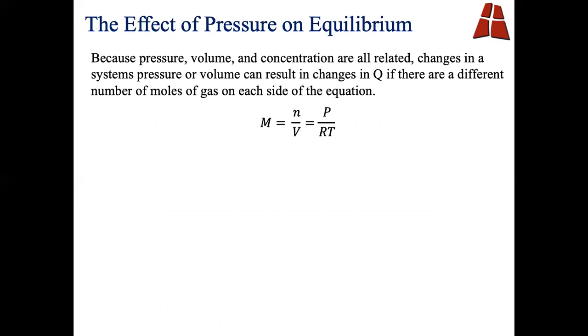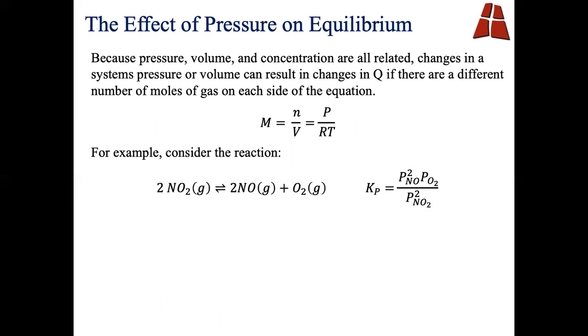We can also talk about Le Chatelier's principle in terms of pressure. This is essentially a rearranged version of PV equals nRT, which hopefully you remember from the first semester of Gen Chem 1. Okay, so if we consider this reaction where we have a Kp value, where we have 2NO2 in equilibrium with 2NO and O2, we would put our products over our reactants as usual, raised to their powers.